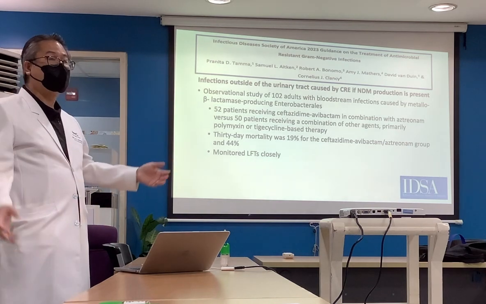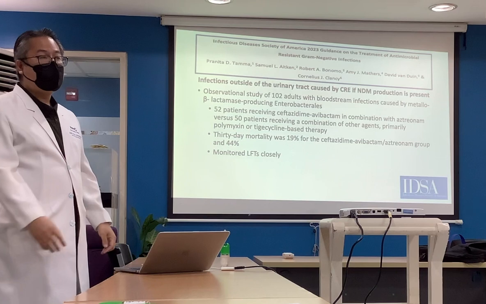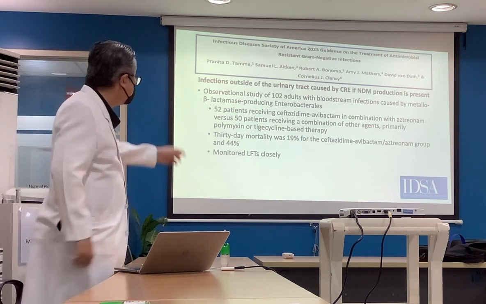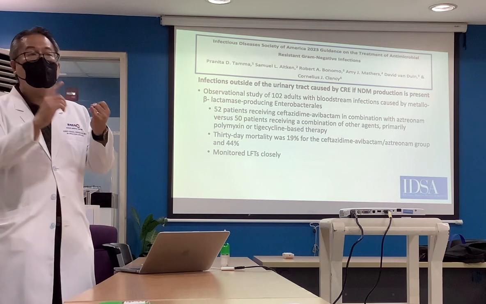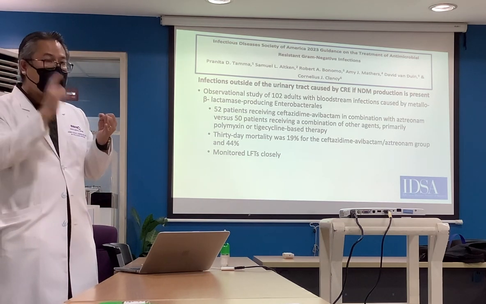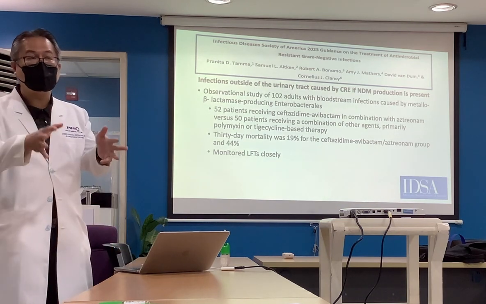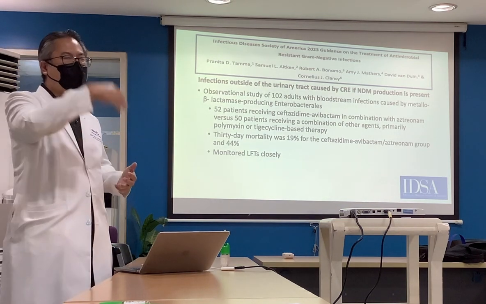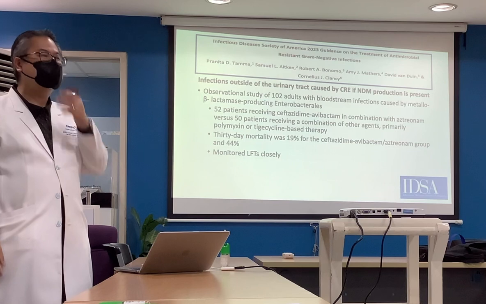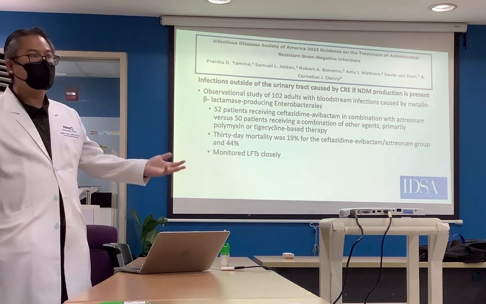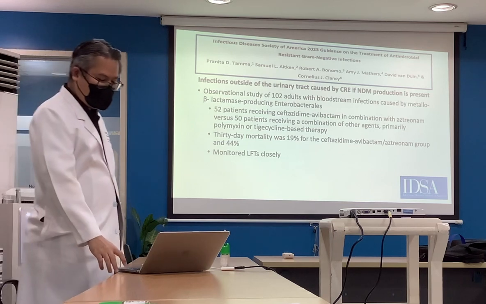So that's the basis for it now becoming the recommendation. Of course, the last bullet is very important. Whenever we use ceftazidime-avibactam and aztreonam, we have to monitor our LFTs closely, at least once a week. Once you start, usually we check in 2 to 3 days, and afterwards weekly if the treatment is prolonged.